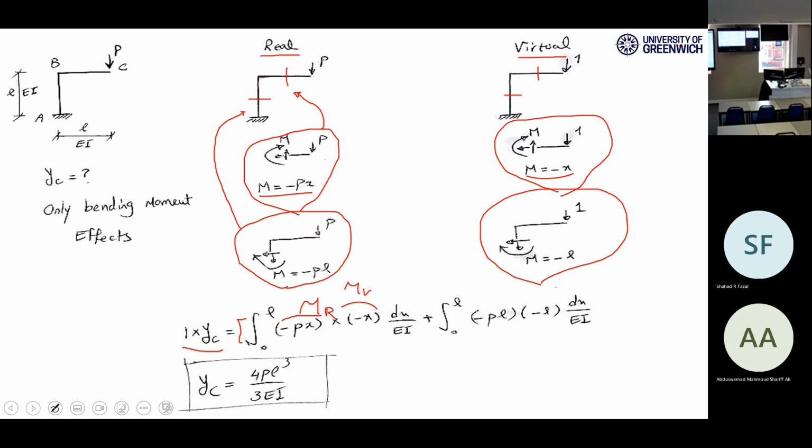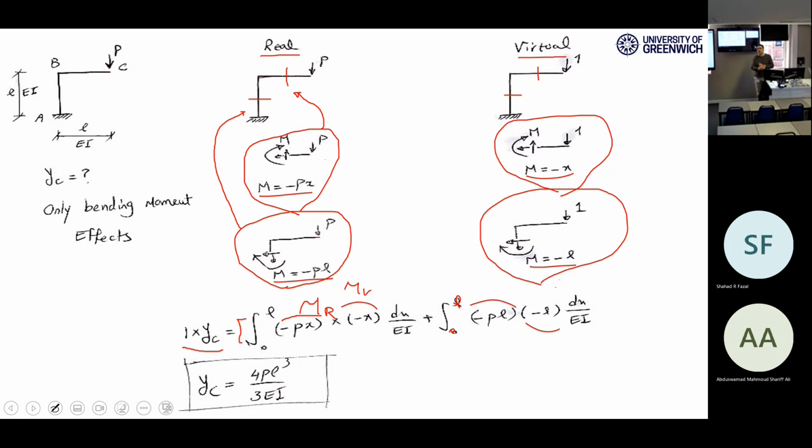In the integration, x varies from 0 to L. The second one, minus PL, is coming from the real structure, and minus L is coming from the virtual structure. Again from 0 to L, which means for the column from 0 to L. Two integrations are covering the whole structure, including the beam and column.